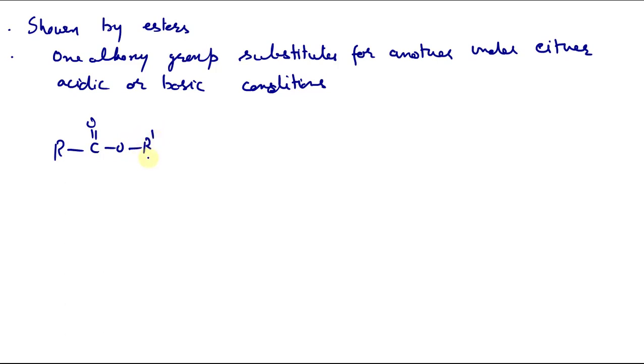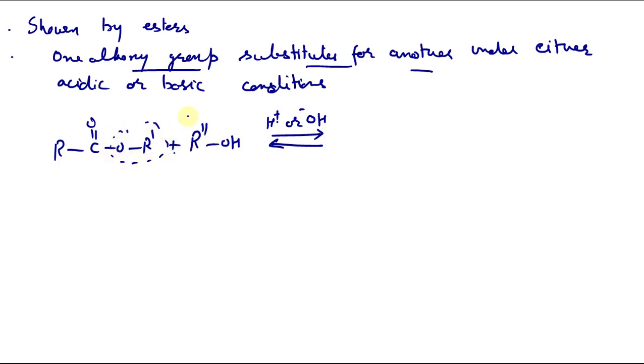If we add some alcohol R dash OH, and as I have already mentioned, this reaction can be carried out under acidic as well as basic conditions, OH negative, then as per the definition, one alkoxy group substitutes for another. So here this alkoxy group will be substituted by this alkoxide group, and we will get RC double bond O O R double dash plus R dash OH.